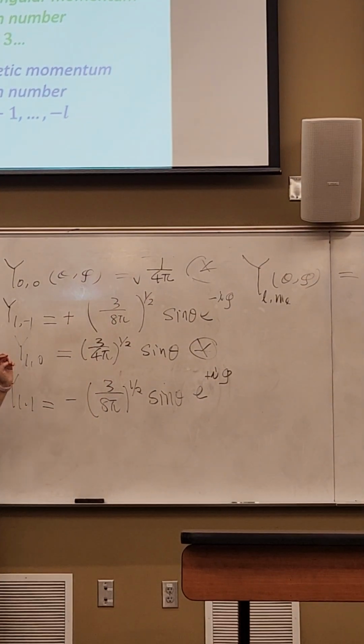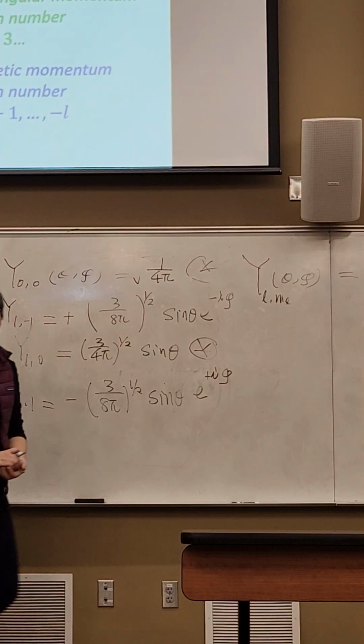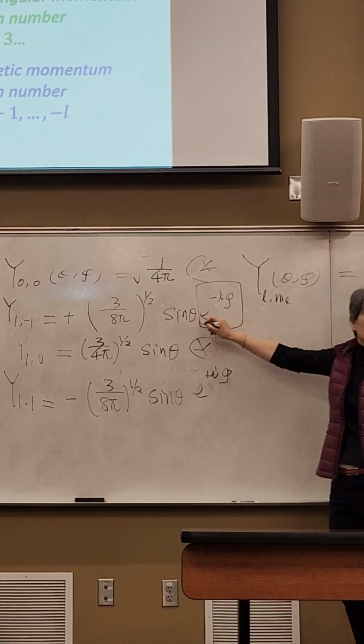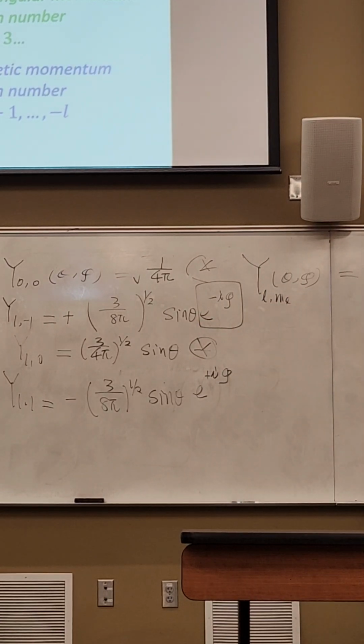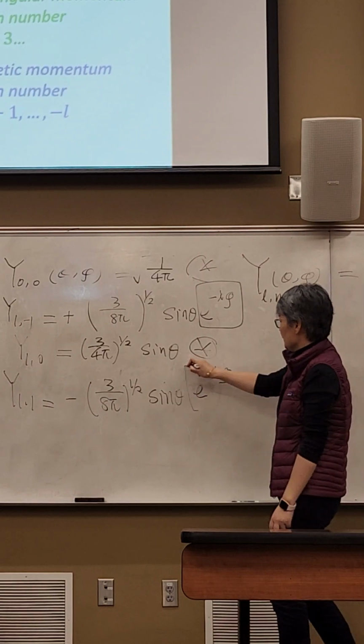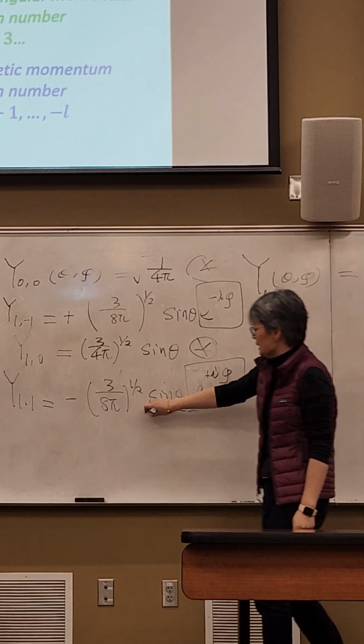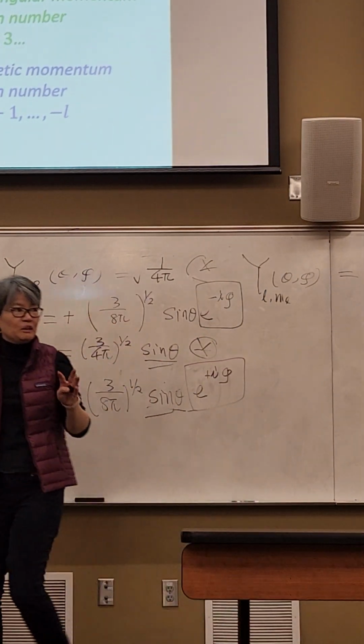Now, if we take a look at plus minus 1 m sub l, I'm sure you can clearly see it here. That is your product of the function for rotation on the plane, and then you have an entity related with the theta.